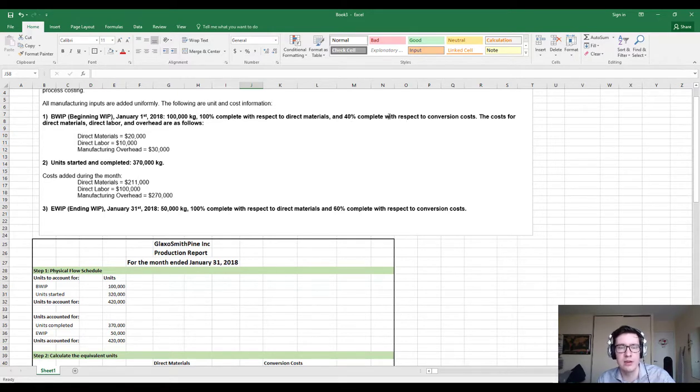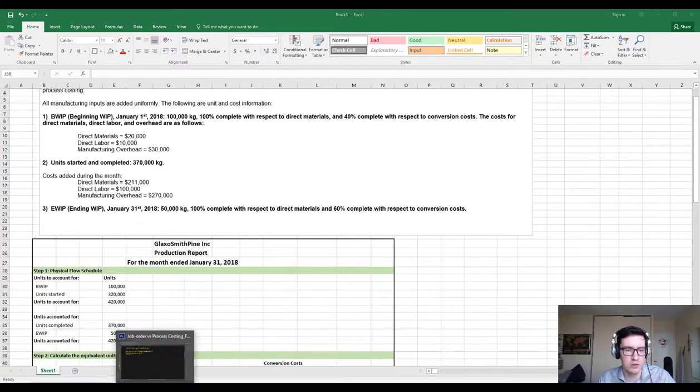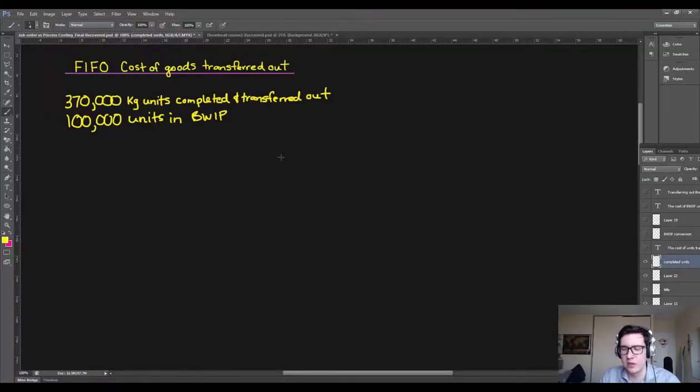So quite a bit of the beginning work in process was complete in the prior month. So if we were to include those 100,000 units, we would be overstating our cost of goods transferred out.